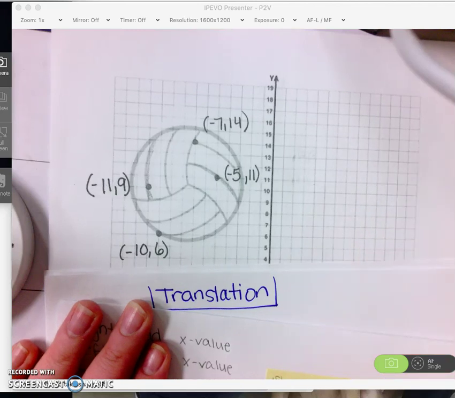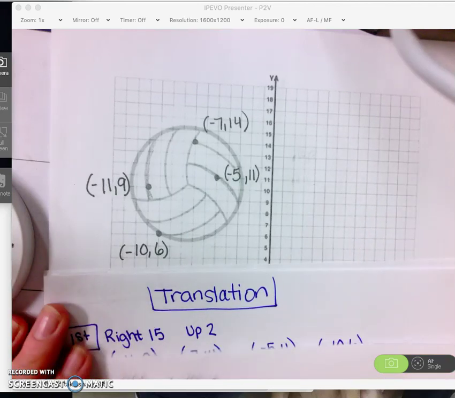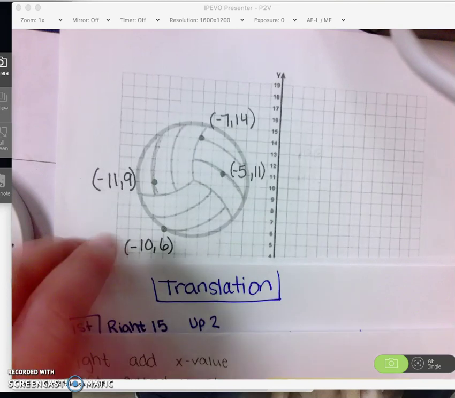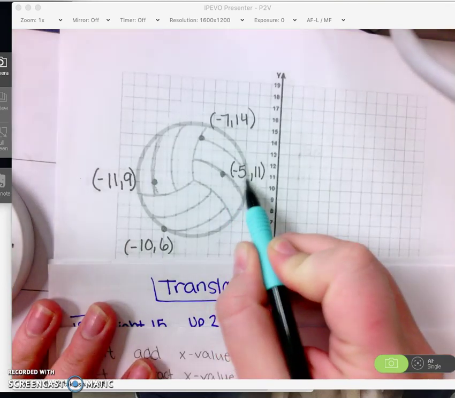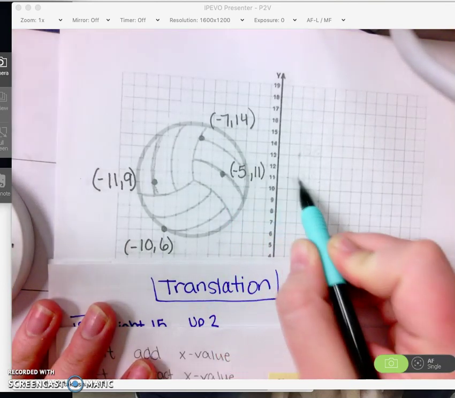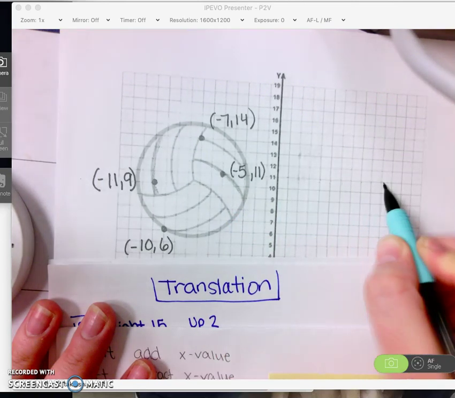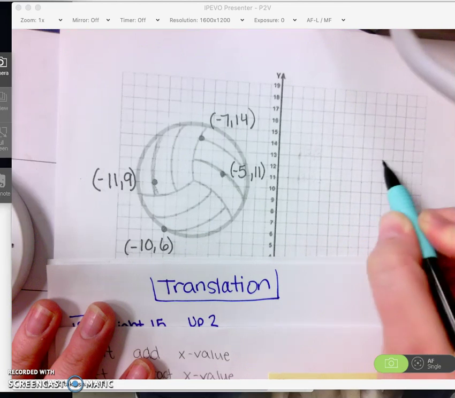Okay? Or you can do the math. Until you get a hang of it, you might want to count and go over 15, and up 2.